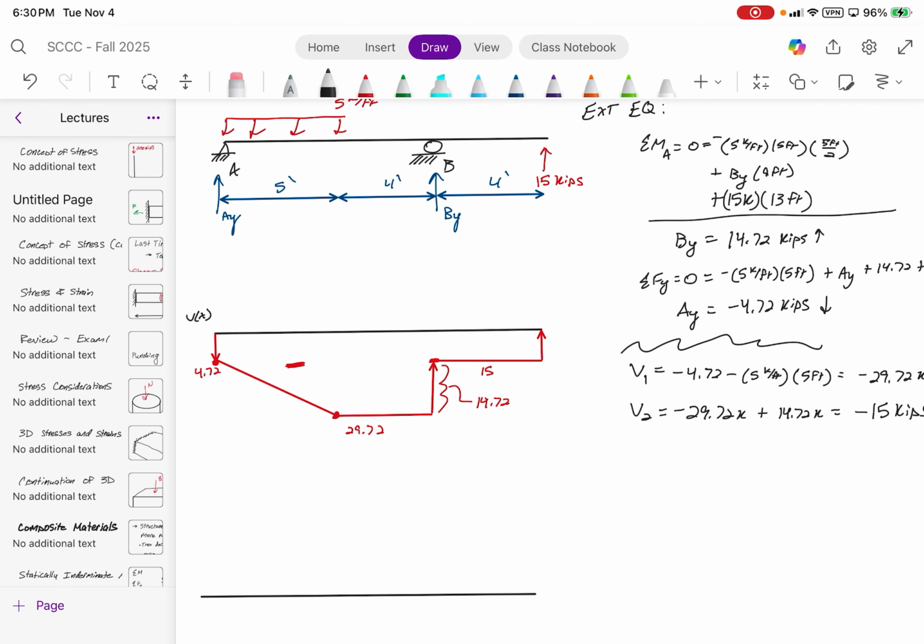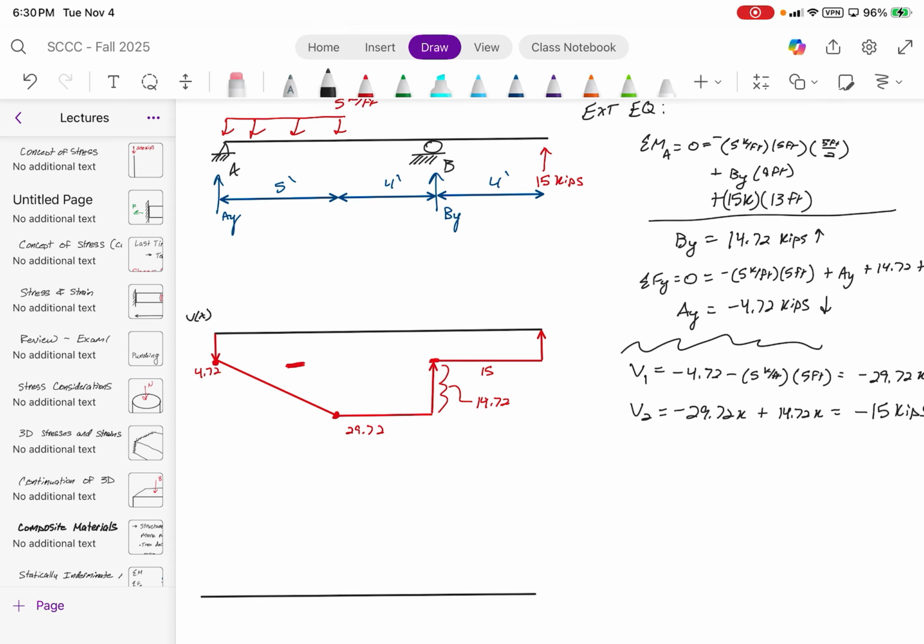Shouldn't BY be negative? I think you're right. Let me check. Negative 5 times 5 times 5 over 2 plus 15 times 3 multiplied by negative 1 divided by 9.